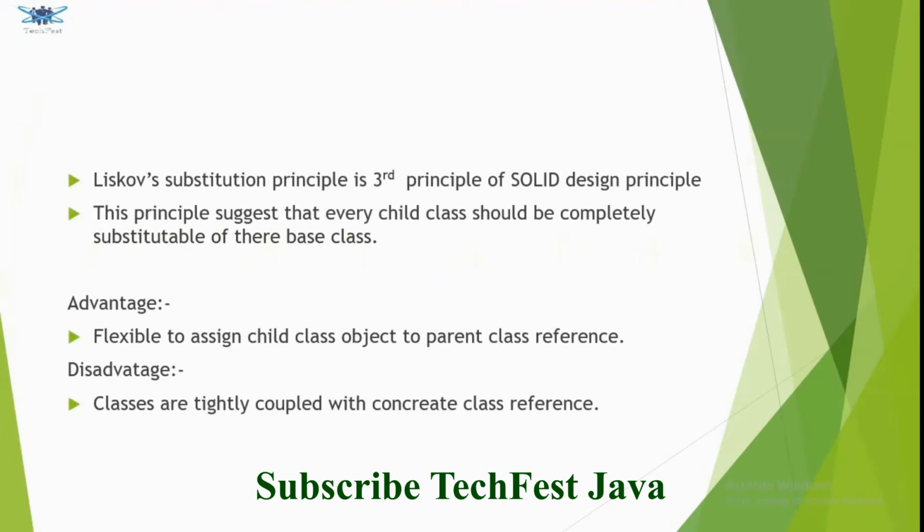In one child class reference, we are not able to assign another child class object. Like there would be two classes, C1 and C2. Then in a C1 class reference, we are not able to assign a C2 class object. This can be better understood through coding examples.